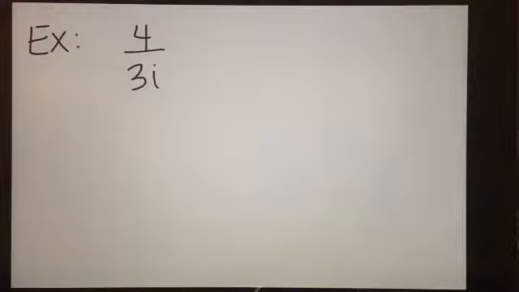4 divided by 3i, you have to be really careful when you plug this in. Anytime you have multiple things in the numerator or in the denominator, you just have to make sure to put it in parentheses. So on this one, you just have to make sure when you type it to put parentheses around the bottom. So maybe let's write that in our notes.